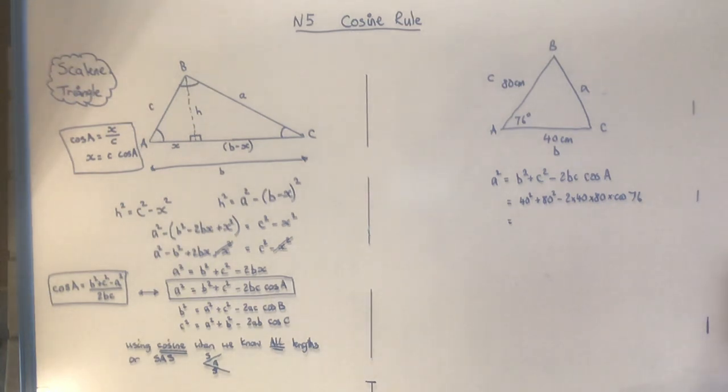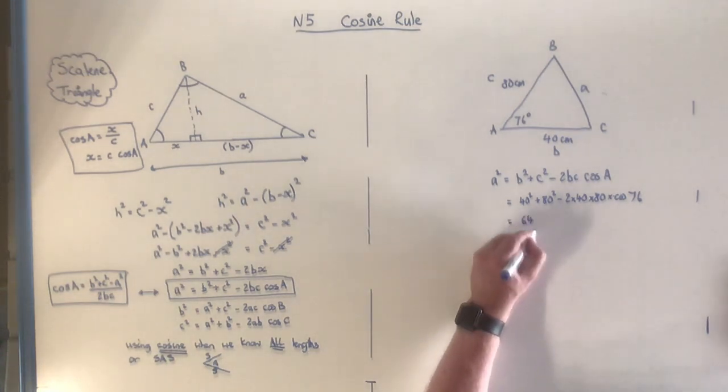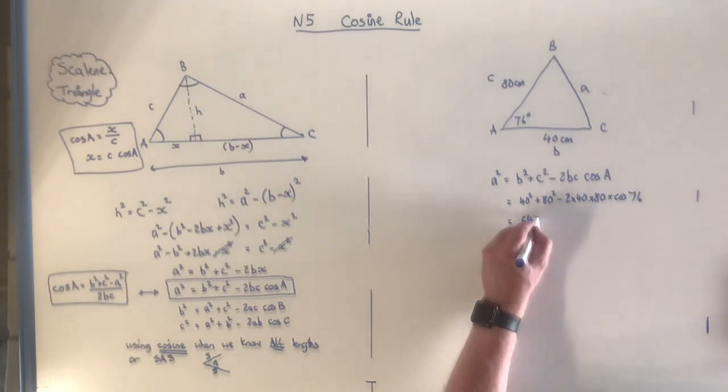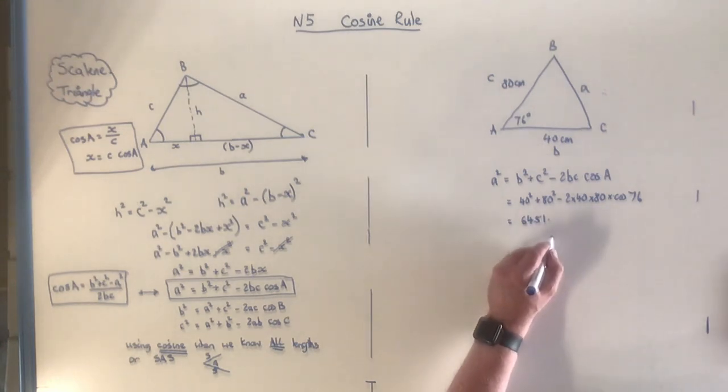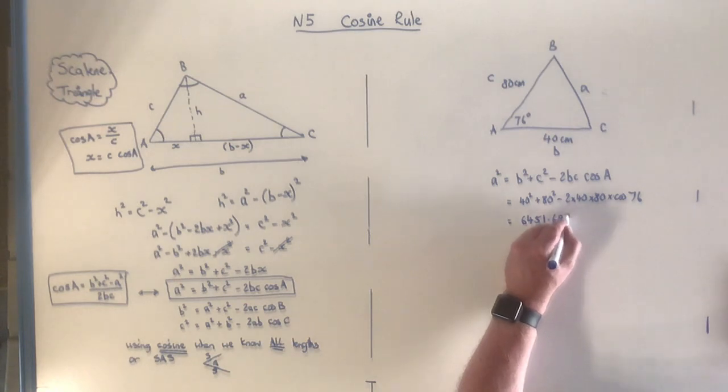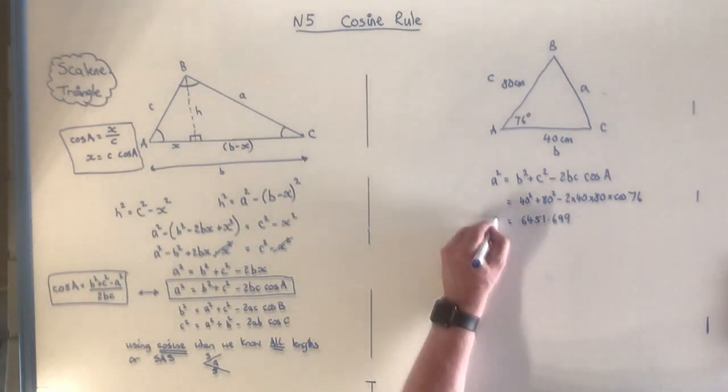Here's the calculator, so we've got 40 squared plus 80 squared minus 2 times 40 times 80 times cos of 76. Close the bracket, and it comes to an answer in my calculator of 6451.699 approximately, obviously.